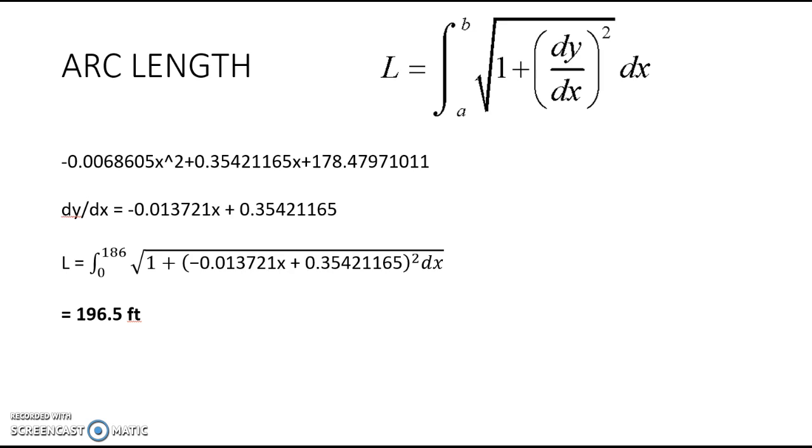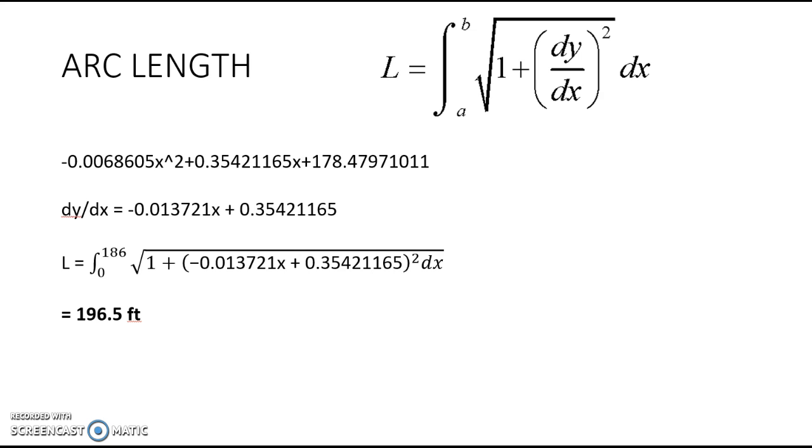So I'd taken that equation and I had taken the derivative of that to be used in the ArcLength formula. And the derivative of the function was negative 0.013721x + 0.354211165. And then I took that derivative of the original function and I had plugged it into the ArcLength formula.